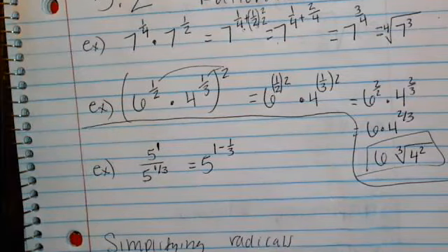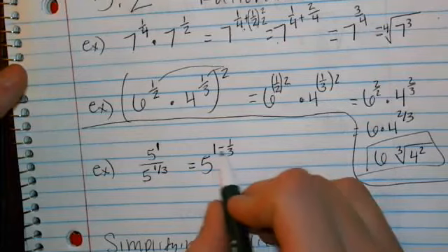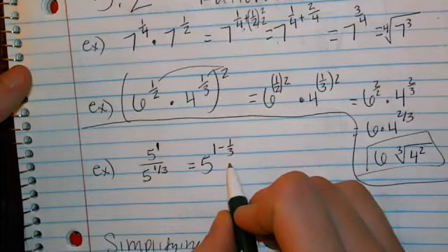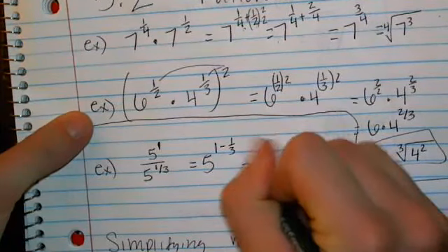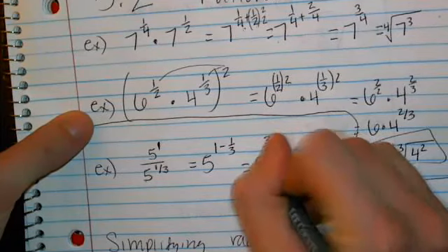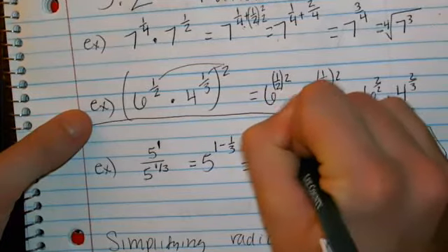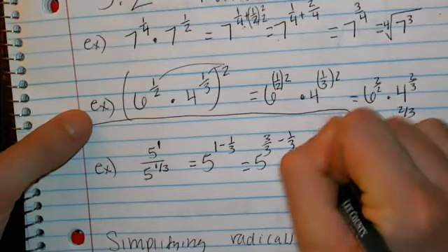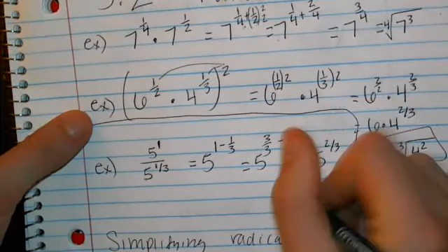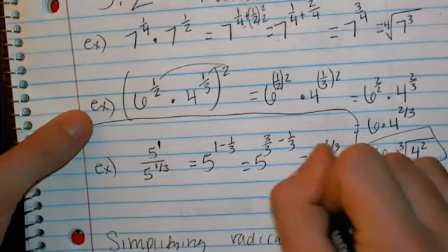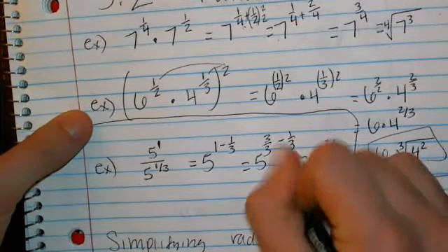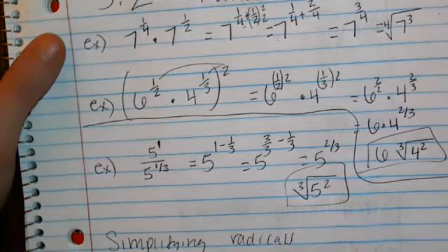You don't even really have to make a common denominator here to know that 1 minus 1/3 would be 2/3, but we can, and it would be 5 to the 3 over 3 minus 1 over 3, which equals 5 to the 2/3. Or write it in radical form, 5 squared in a cube root.